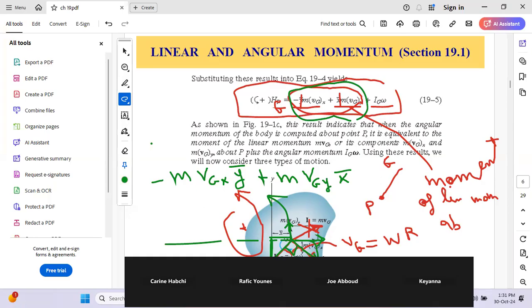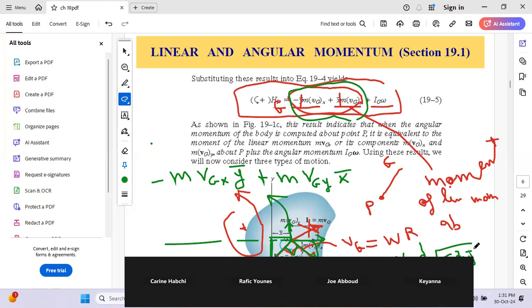The moment will be equal to m VG times distance d, and the distance d, or radius of rotation, is radical x bar squared plus y bar squared. So it's equal to m VG times radical x bar squared plus y bar squared, which is the radius of rotation.